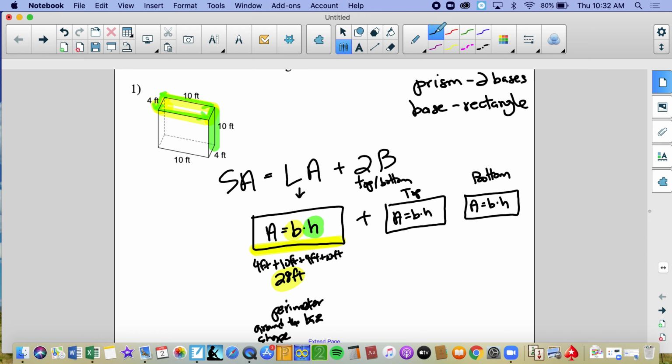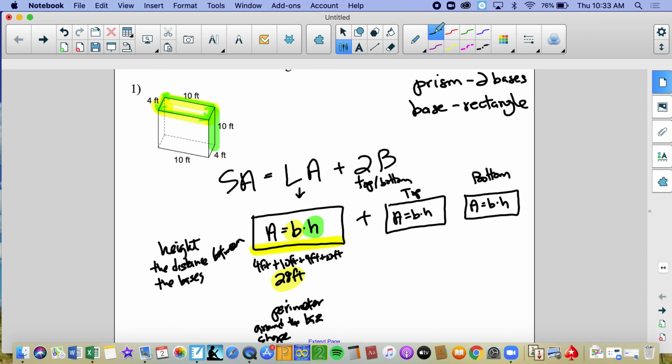My height of my lateral area is always going to be the distance between the bases. And so what is the distance between this bottom one and this top one? Well, that's going to be 10 feet. It's this distance right here.